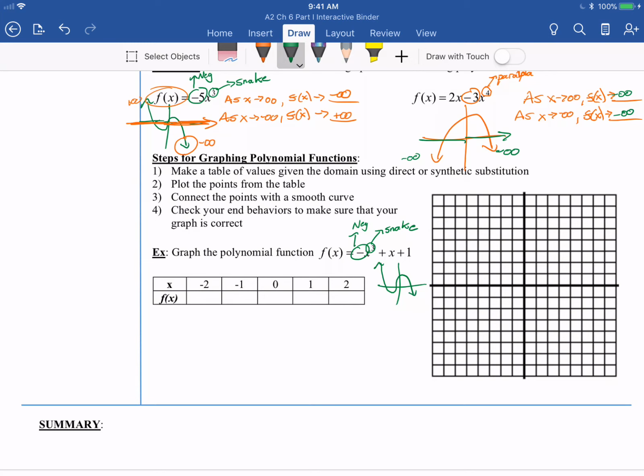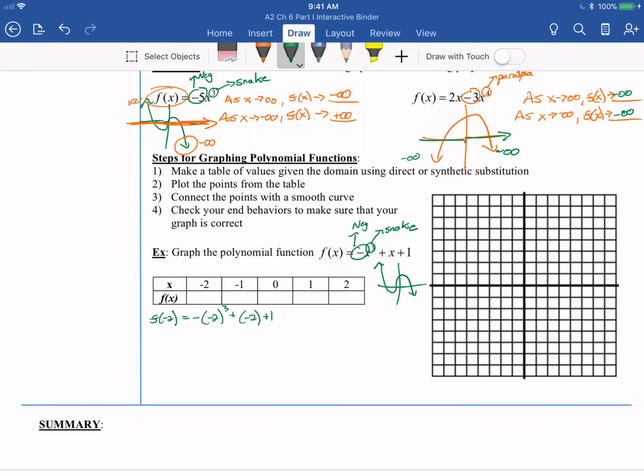So now I just plug these in, f of negative 2. You can either do direct substitution, or you can use the synthetic substitution that we learned about in the last section. So I get negative of negative 2 cubed plus negative 2 plus 1.